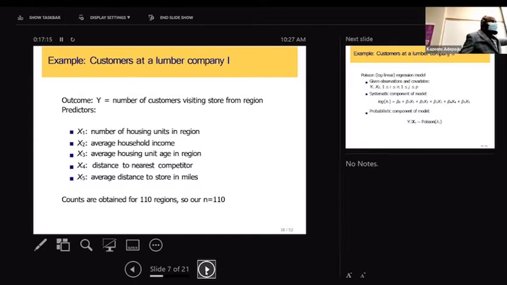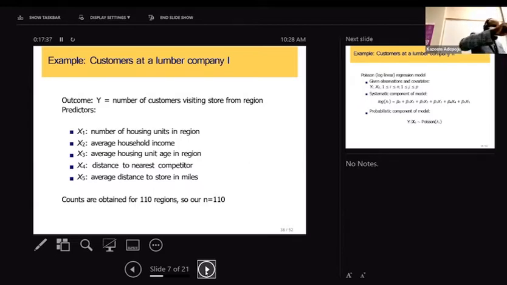Here, you cannot use linear regression. You cannot use logistic regression, but you're going to use Poisson regression. But let me tell you now, what will determine the type of regression that you're going to fit? You know what? It is the nature of the response variable.